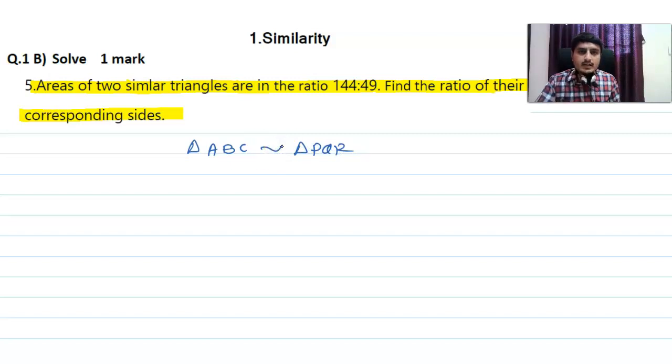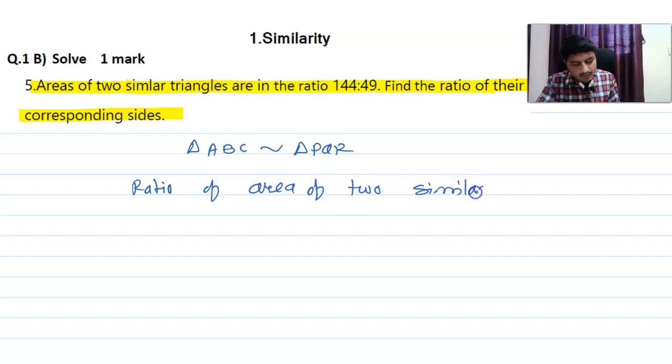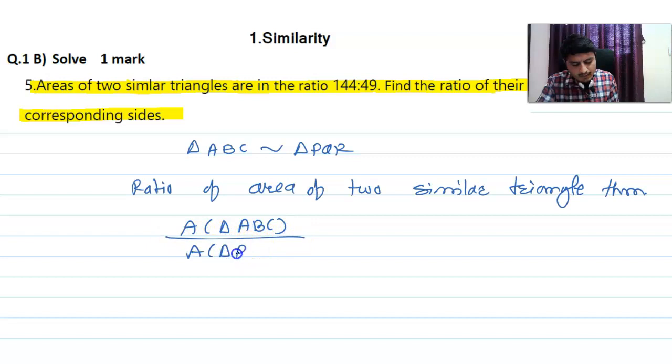Once the triangles are similar, what about their ratio of areas? We use the theorem on the ratio of areas of two similar triangles. What does the theorem tell us? Once the triangles are similar, the ratio of their areas, that is the area of triangle ABC divided by the area of triangle PQR, equals the ratio of the squares of their corresponding sides.